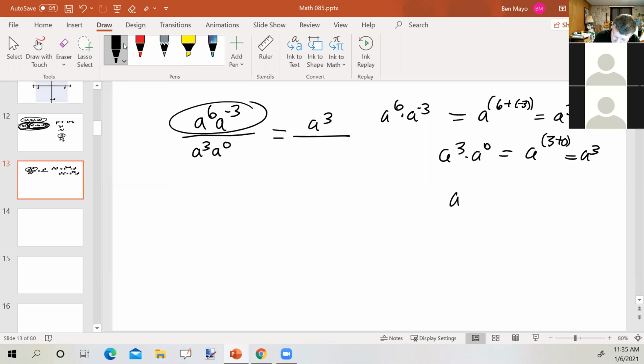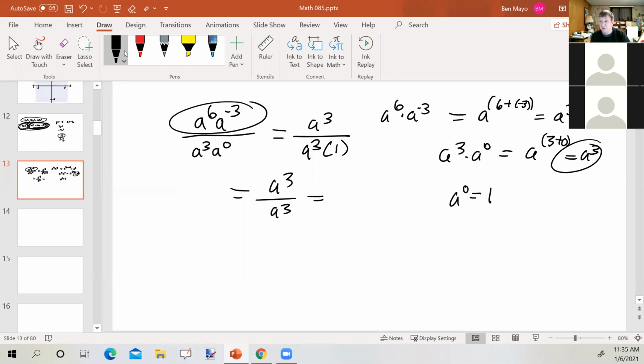Also, I want to remind you that a to the 0 power is equal to the number 1. So I could either just use this rule and write it as a cubed, or as a cubed times 1. In either case, I ultimately get a cubed because a cubed times 1 is a cubed.